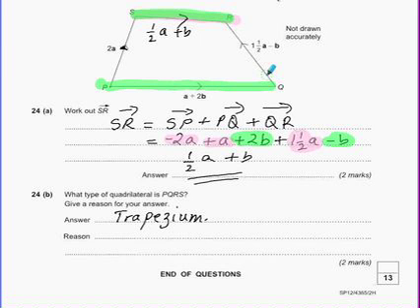What you should notice, and there's a rule that you need to understand, is that if you've got two vectors going in the same direction, and one of them is a multiple of the other one, then they are parallel. The way to explain and describe that is by saying, this vector here we can label as, let's say, u, and that vector there we can call v, and you can see that v is twice as big as u.